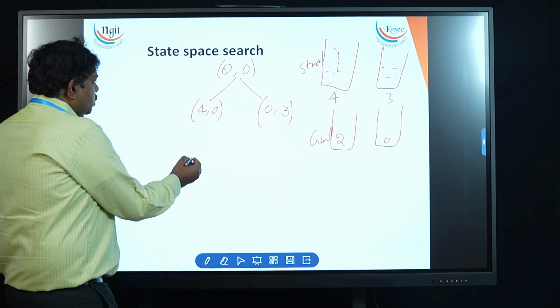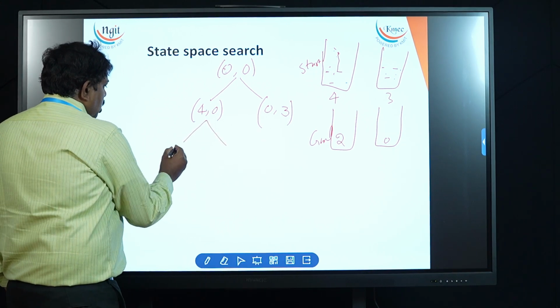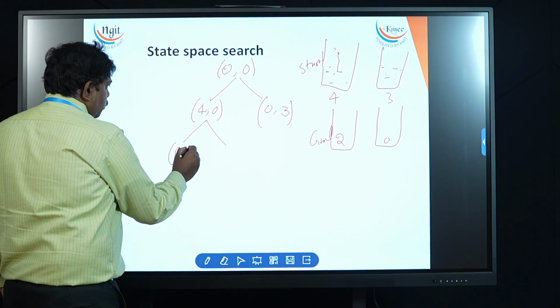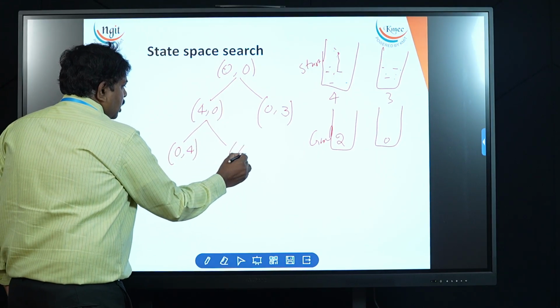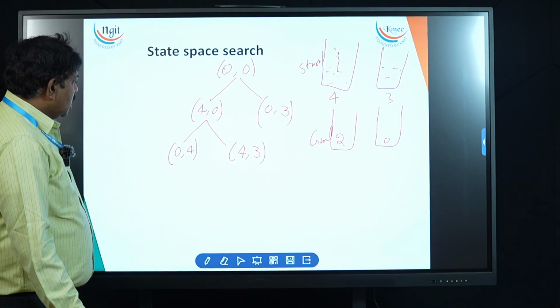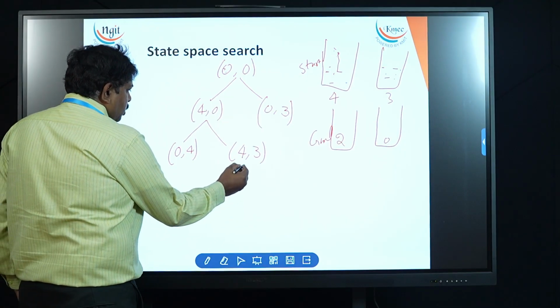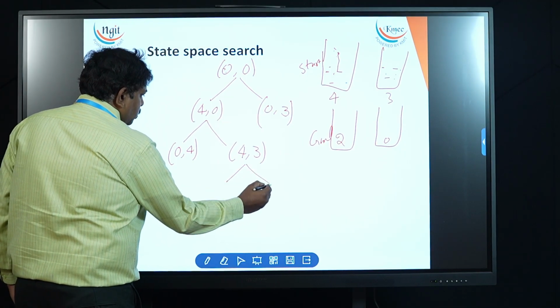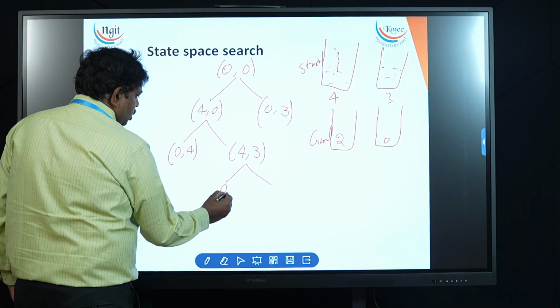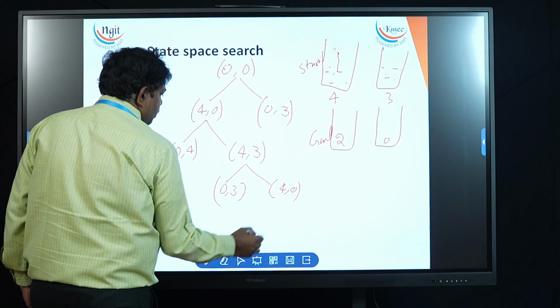From 4, 0, I can go into a new state of either 0, 4 or I can go into another state of 4, 3. So in 4, 3 again, from 4, 3 I can go into 0, 3 state or 4, 0 state.